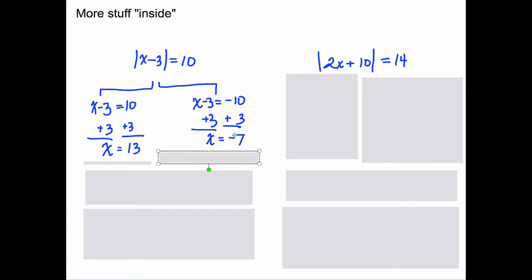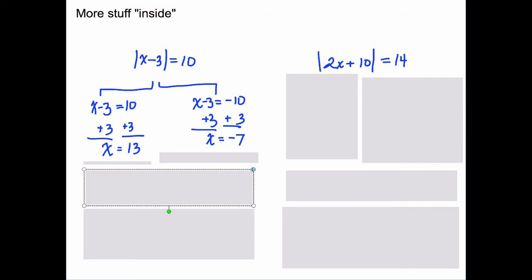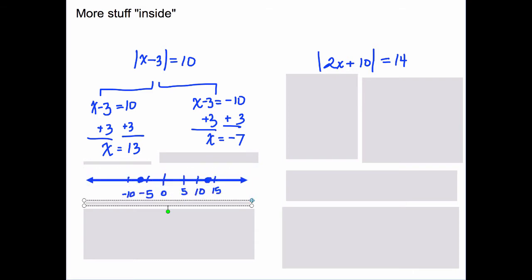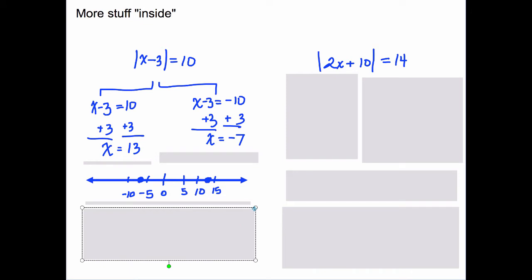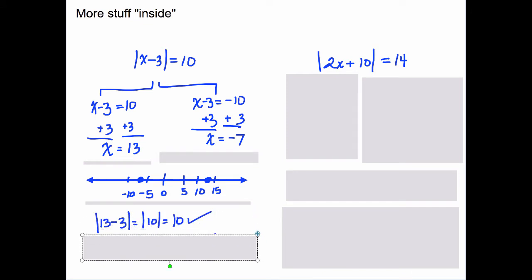You have to be a little careful of your signs over here. Then the graph will look something like this. Okay, there's a graph of x being 13 and -7, and it's always a good idea to check your answers just to be sure that they're correct. So we can substitute 13 for x in this equation.